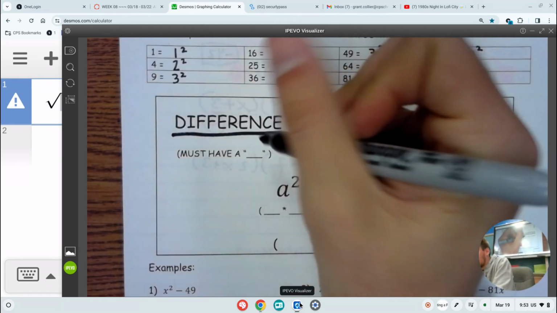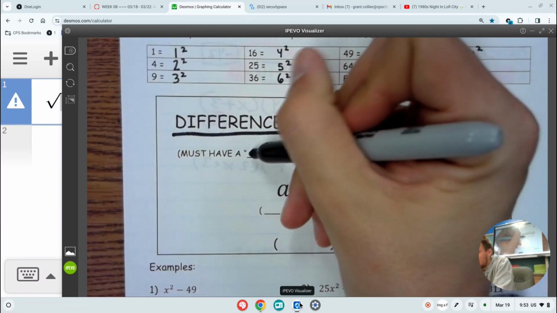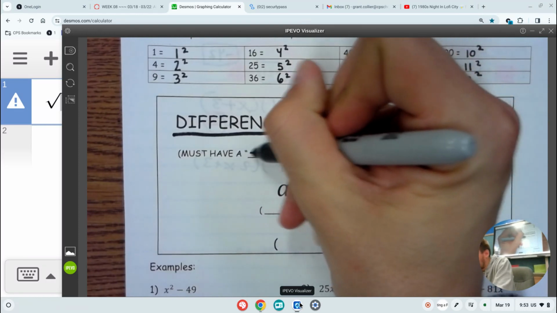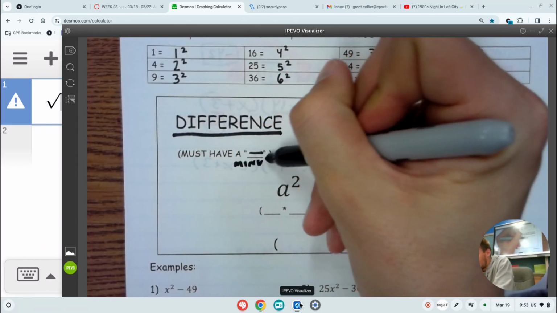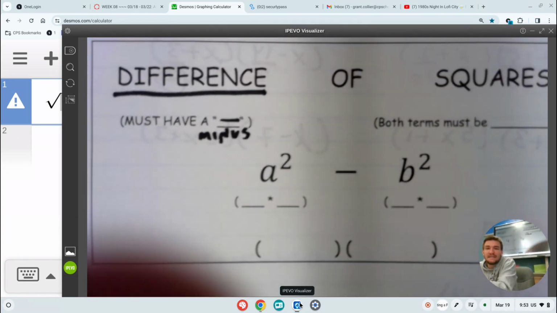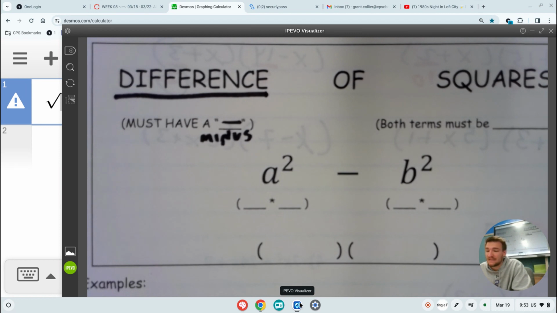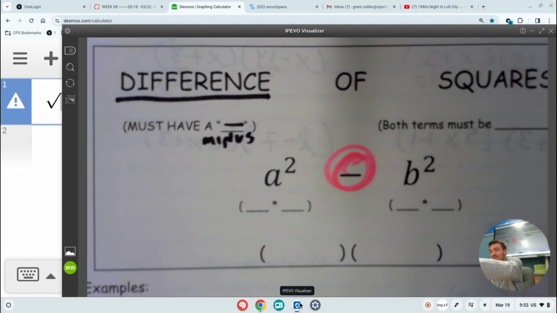So this must have a minus. I'm going to put a dash like that, and I'm also going to write it out, though my handwriting's terrible: must have a minus. Okay? So look at this. You must have a minus. Look at every single question down here.